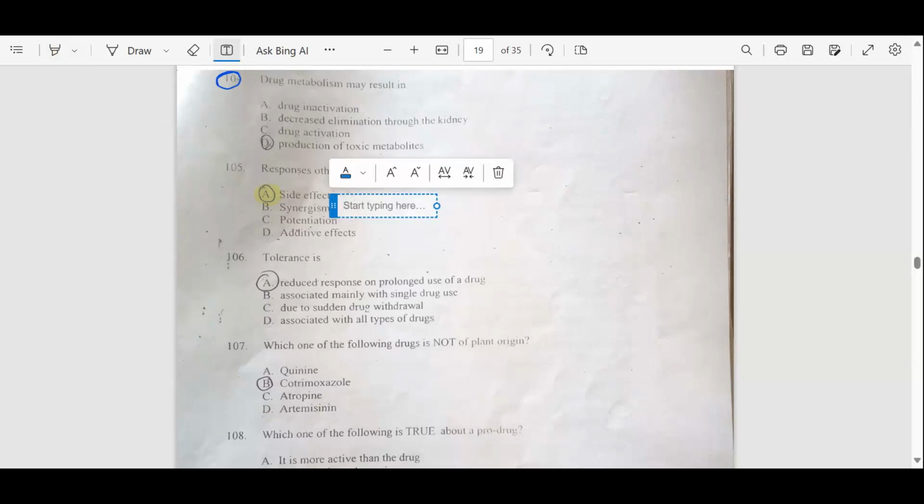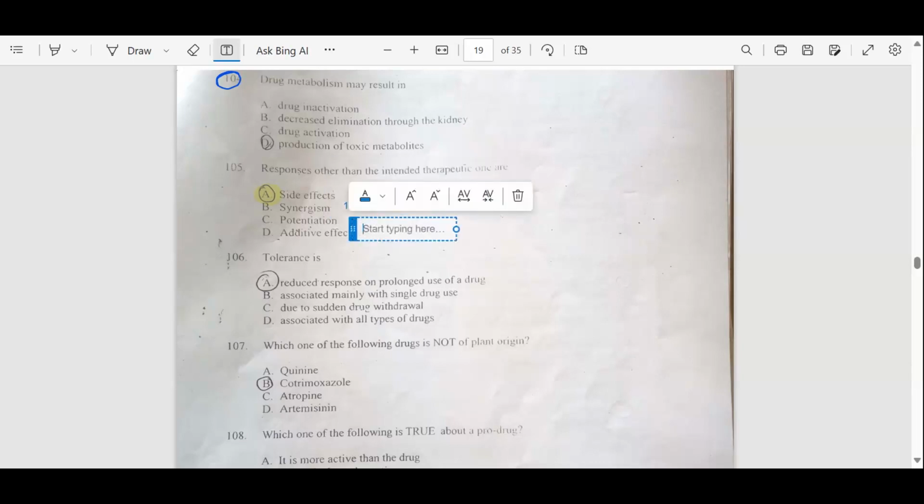That's why I was asking if we can use that as an example. I'm trying to see the difference between synergism and potentiation, because they're saying synergism is when the combined effect of two drugs is greater than the sum of their effects when given separately.